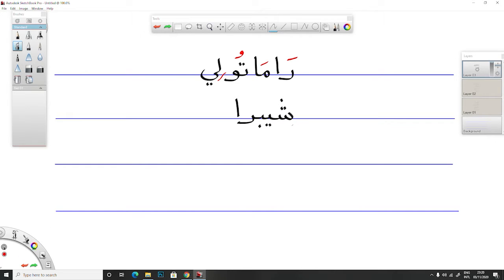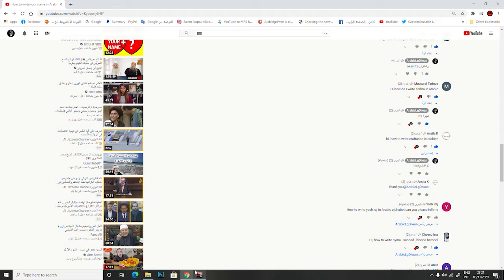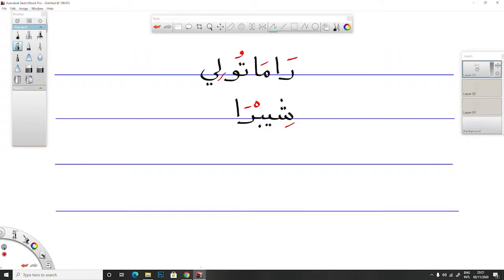It's Shibra, so I'll put Kasra beneath the letter Shin, Sukun on the top of Ba, Fatha on the top of the letter Ra. The next name is Craftastic.